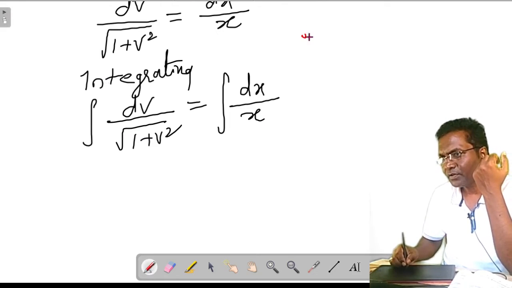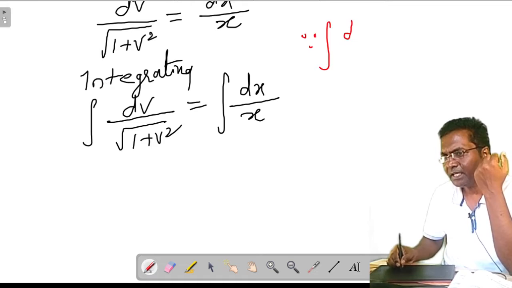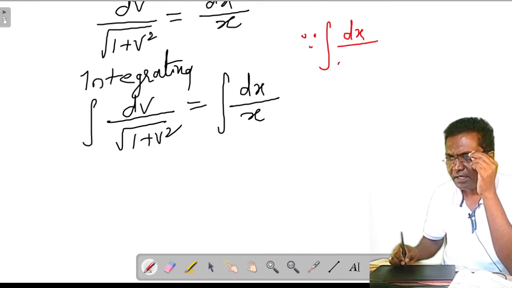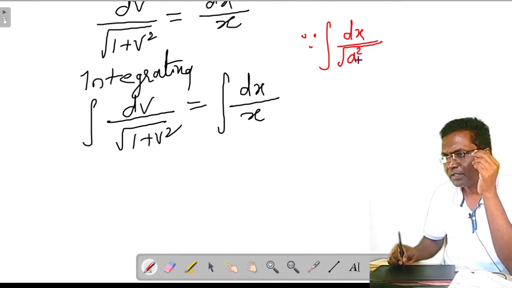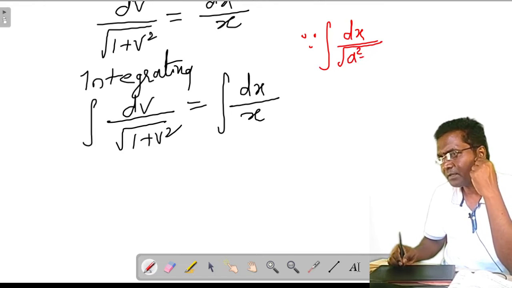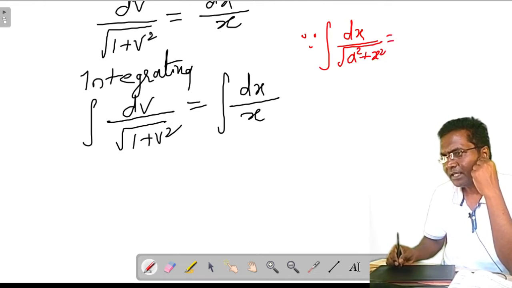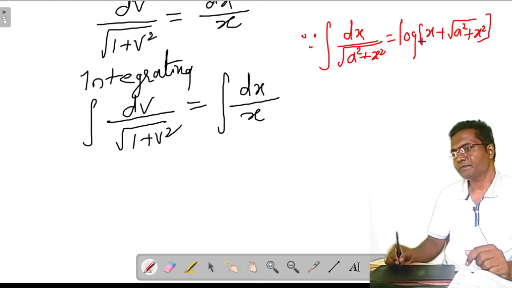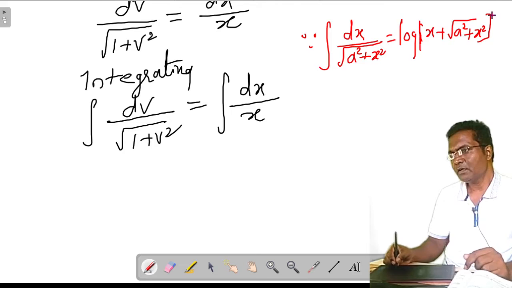So note this down: integration of dx by square root of x squared plus a squared, or a squared plus x squared, is equal to log of x plus root of a squared plus x squared. Remember this. Okay, the log of.